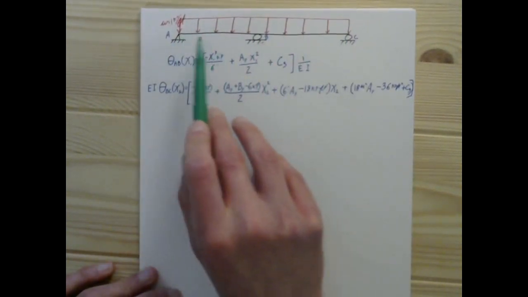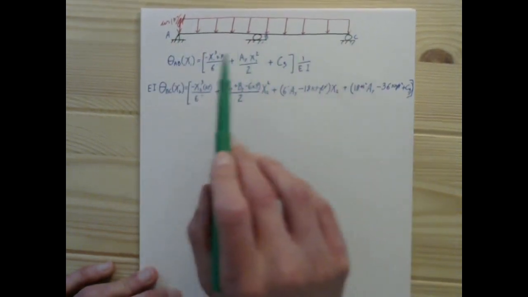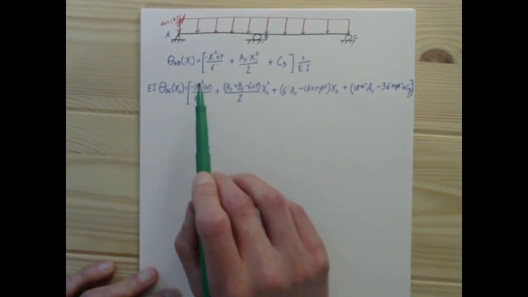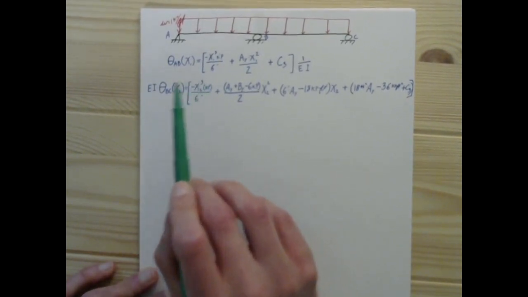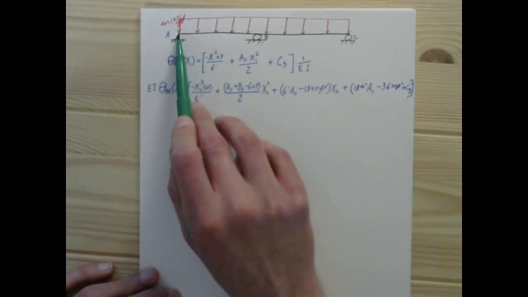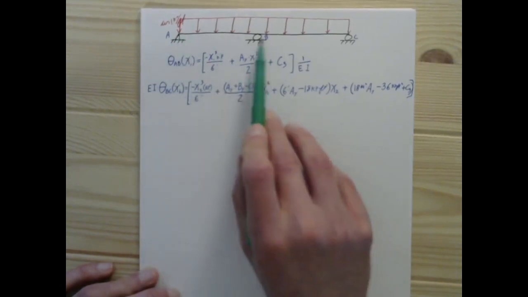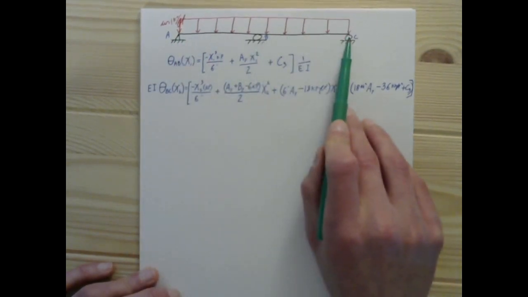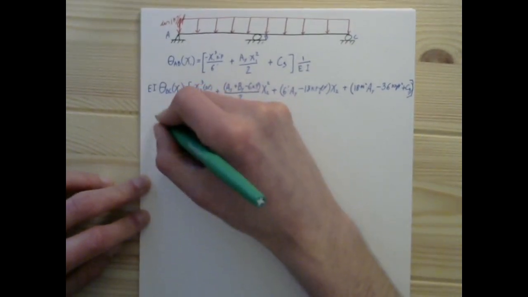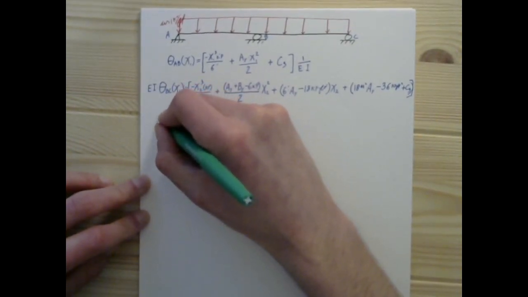These boundary conditions at A, B, and C are boundary conditions for deflection, holding them to 0, not rotation. So the rotation is free. It's free to rotate however it pleases, but it better have a deflection of 0 at A, 0 at B, and 0 at C. So we're just going to need to integrate one more time.